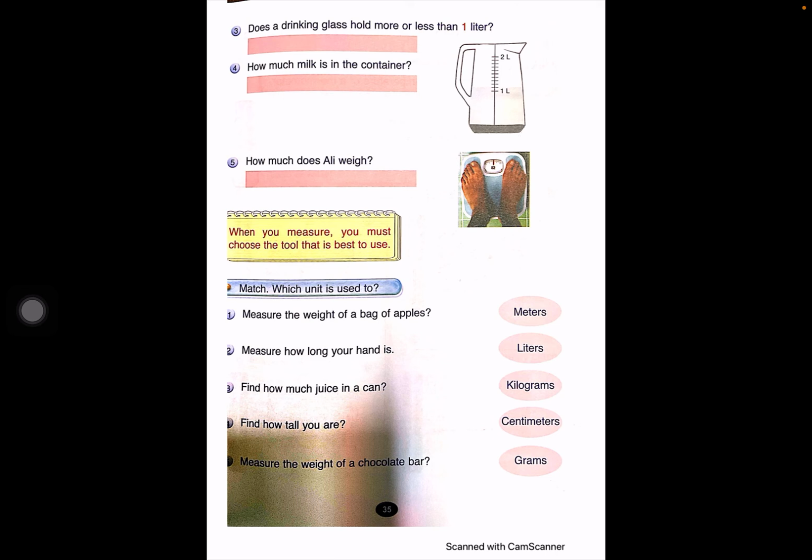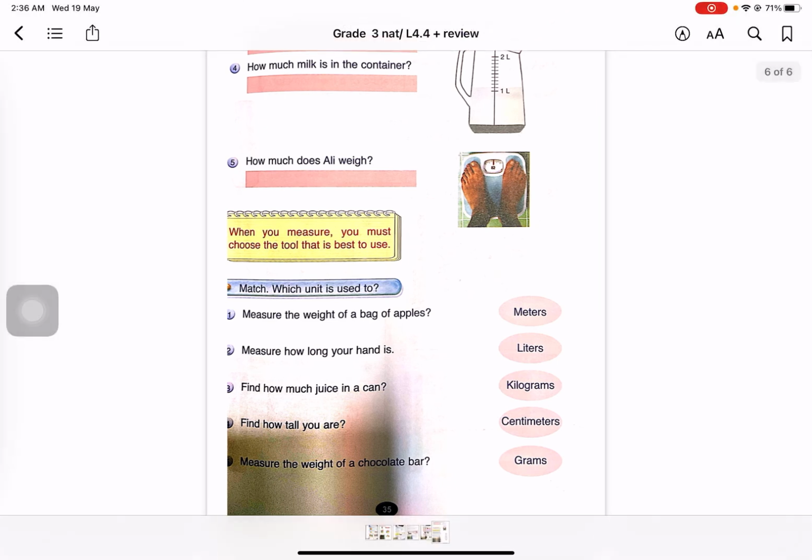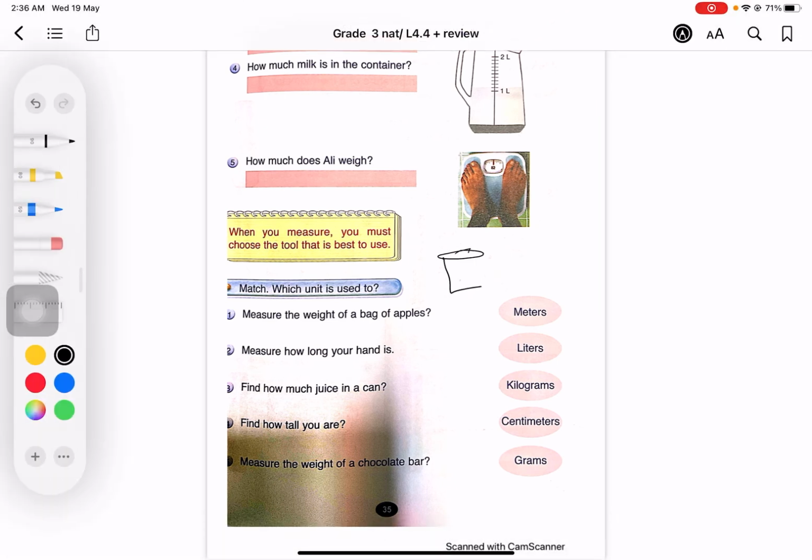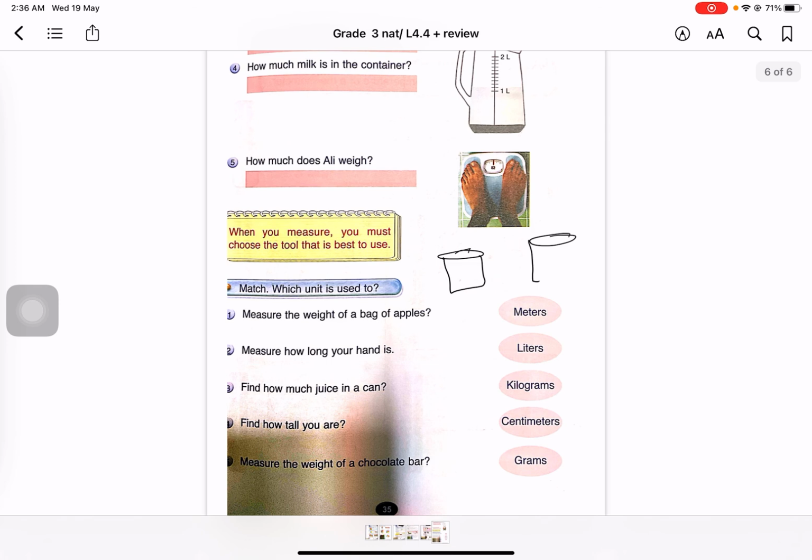Go to the last page, page 35. Okay. In page 35, they said, does a drinking glass hold more or less than 1 liter? The glass only of water. Okay, it will hold what? More than 1 liter or less?